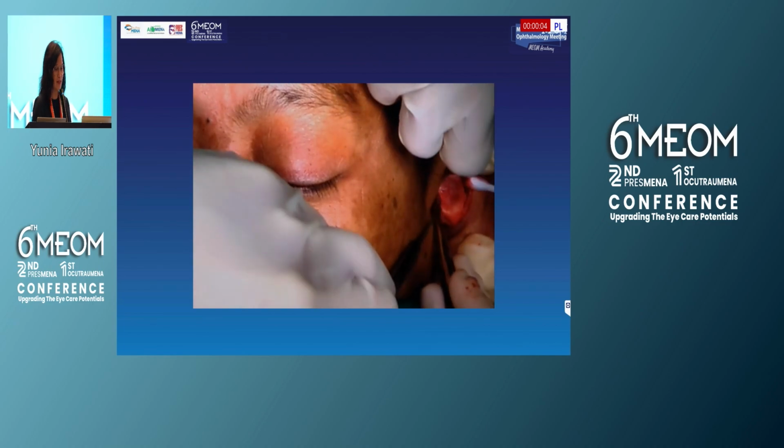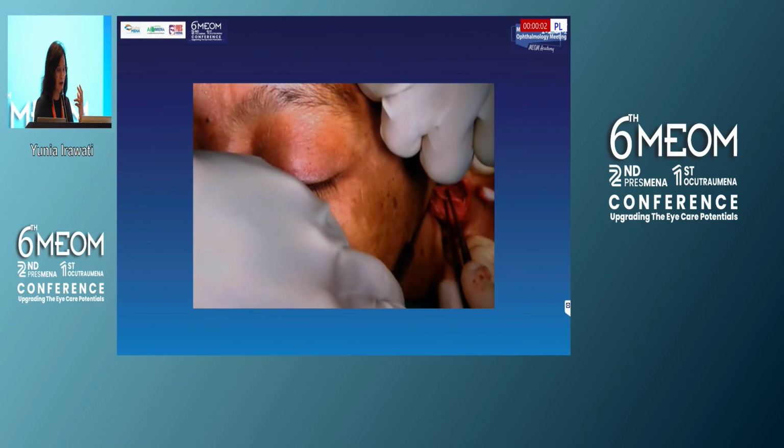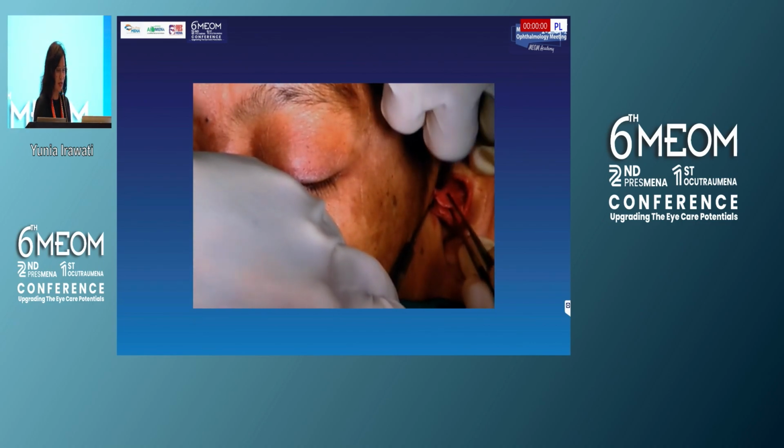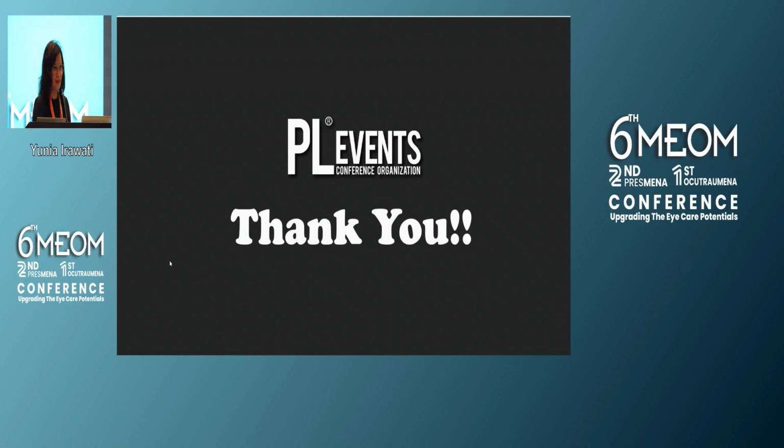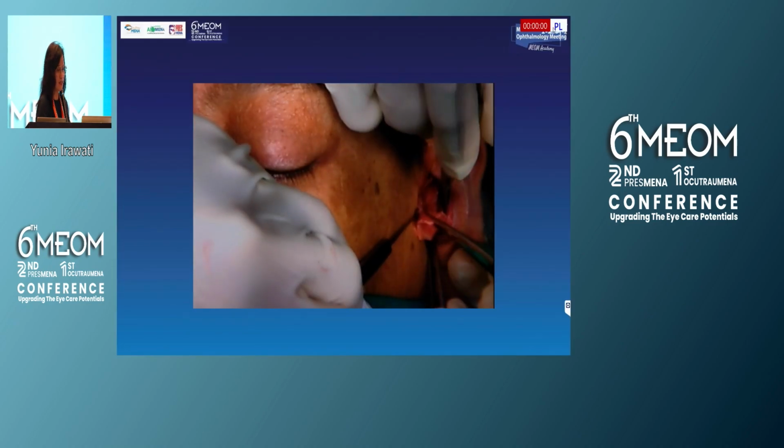But in a patient with a wider concha, we can use this technique. And then I put the cartilage graft in the conjunctiva and the fornices. After that, the epithelialization of the conjunctiva is good after 2 months.